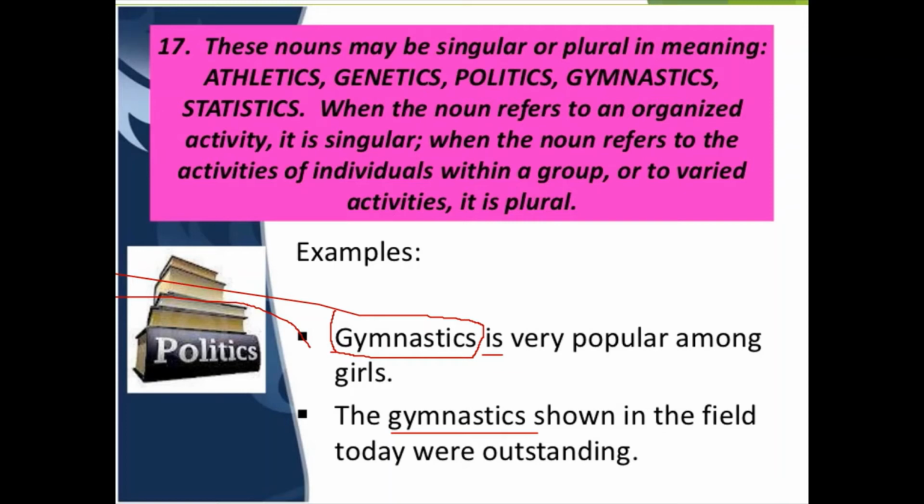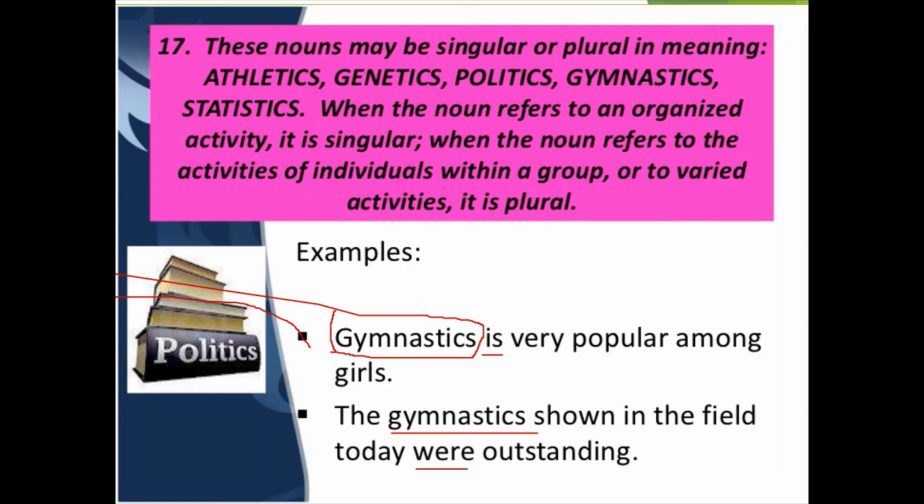So if the noun here refers to different activities, then it must take a plural verb. That's why the verb used in this sentence is "were," because the word gymnastics, the subject here, refers to different activities within that sport.